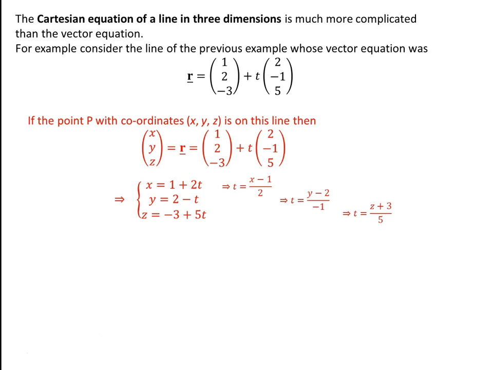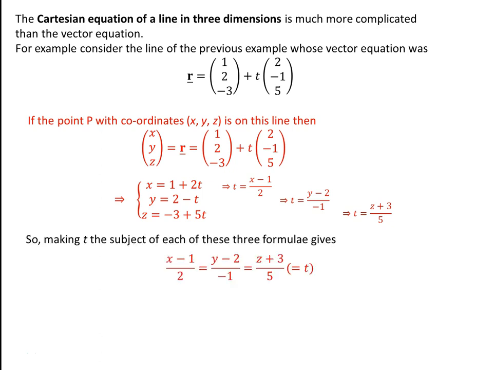So by rearranging our equations, we know that the value of (x - 1)/2 is the same as the value of (y - 2)/(-1), which is the same as the value of (z + 3)/5, and all of those are equal to t.